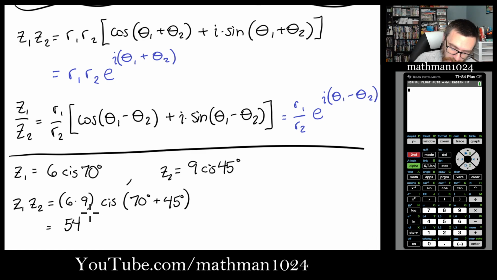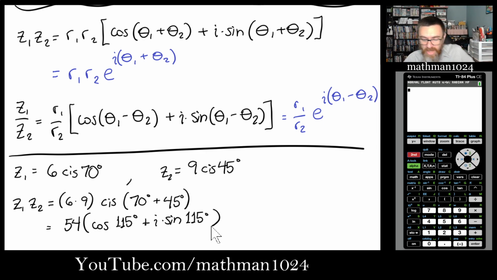So it's going to be cosine of 70 plus 45, which is 115 degrees, plus i times sine of 115 degrees. And that would be the product of these two numbers.